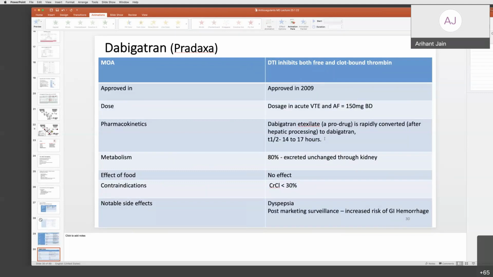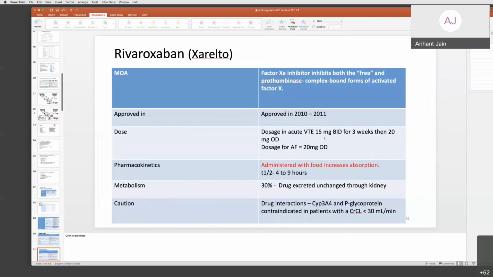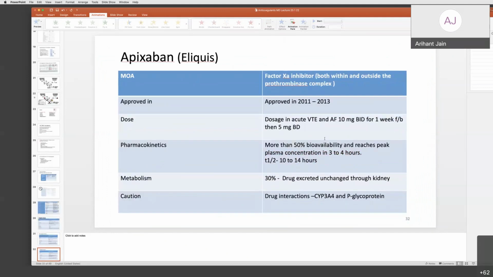So in patients who have a known peptic ulcer, or a GI polyp or ulcerative colitis, or a GI tumor, gastrointestinal malignancy, which is likely to bleed, you should avoid Dabigatran and rivaroxaban. Rivaroxaban, as I already told you, should be given with food for proper absorption.